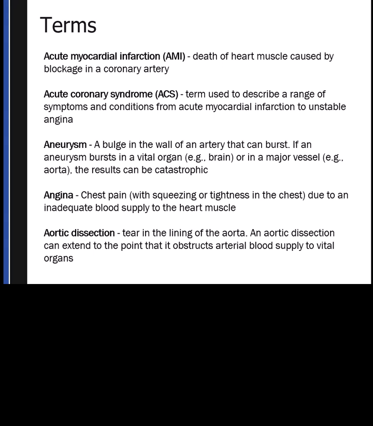All right? Constricts and dilates. What happens in an aneurysm is, we'll do a cross section here now. This is your tunica intima. And this is your tunica adventitia.